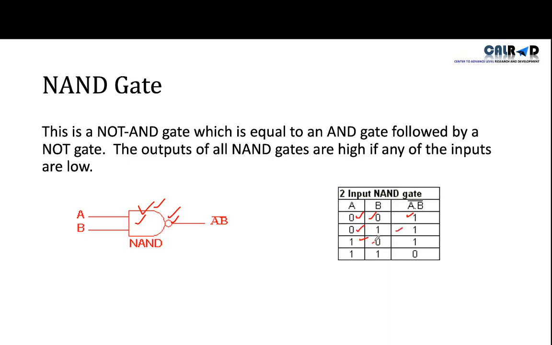With 1 0, there is still a 0, so the output is 1. But with 1 1 there is no 0 input, so the output will be 0, because the condition is that the output will only be 1 in a NAND gate if one of the inputs is 0. So that is the NAND gate.